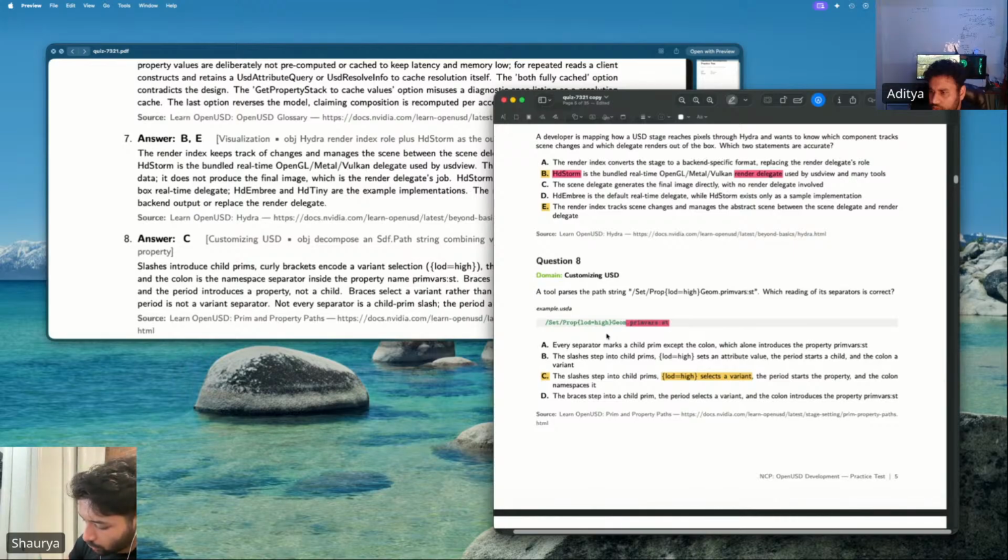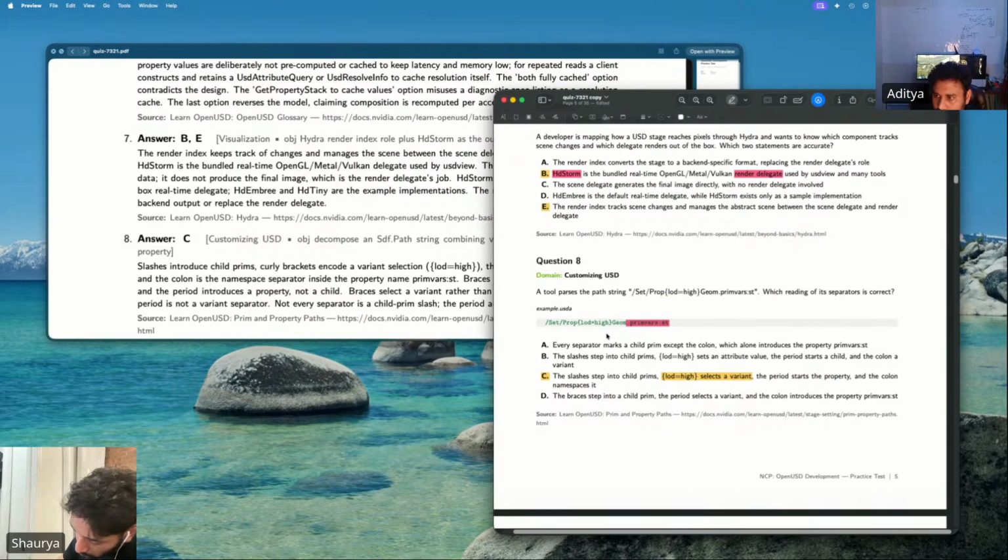Set prop LOD USD Geom dot primvar then ST. Select variant.